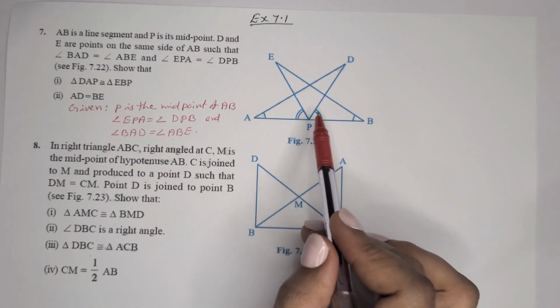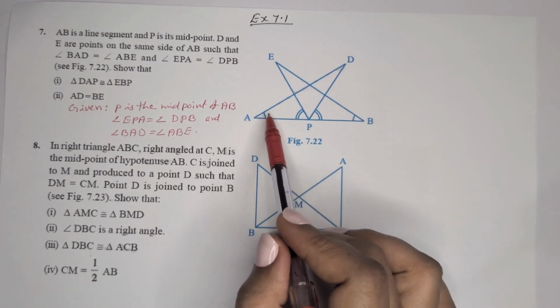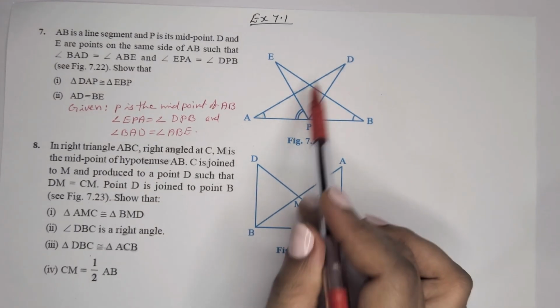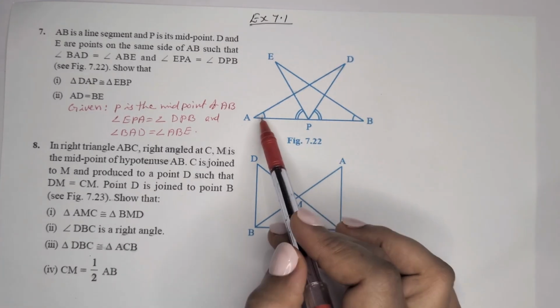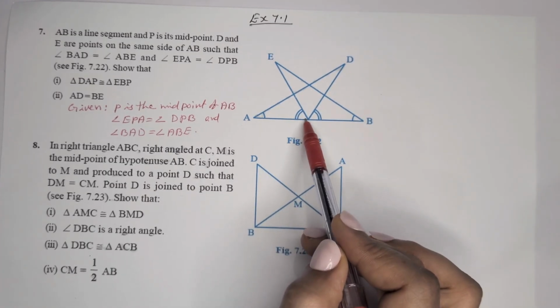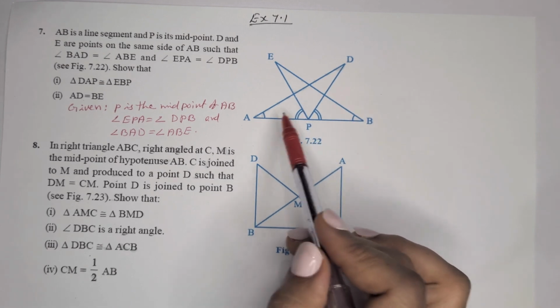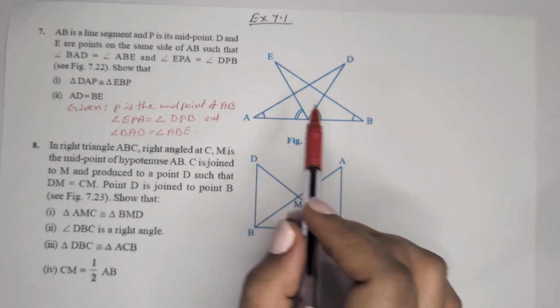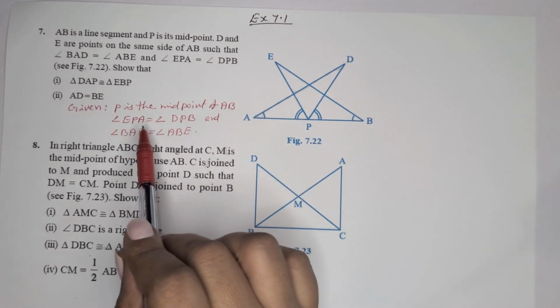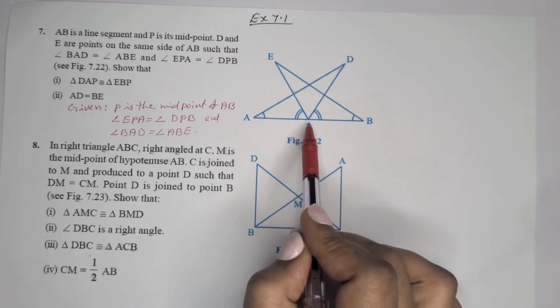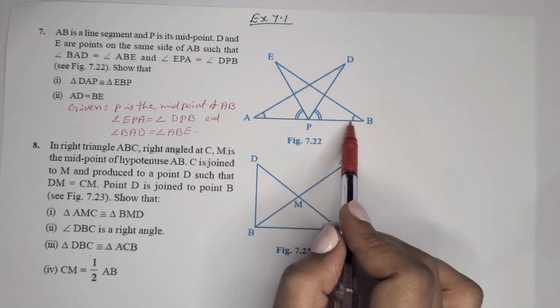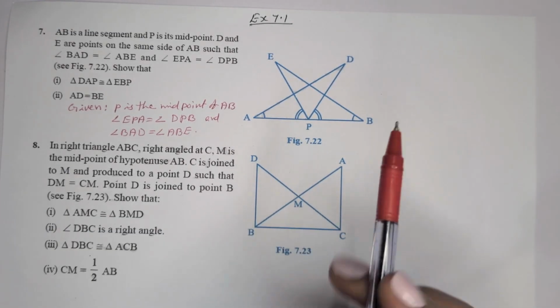Show that triangle DAP is congruent to triangle EBP. For that, first we write the given terms: P is the midpoint of line segment AB, and these two angles are equal.